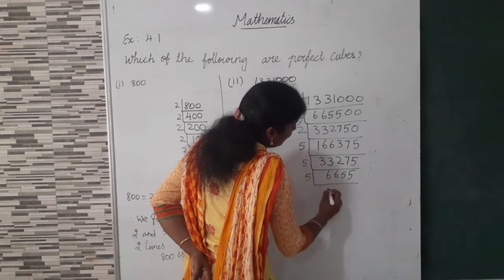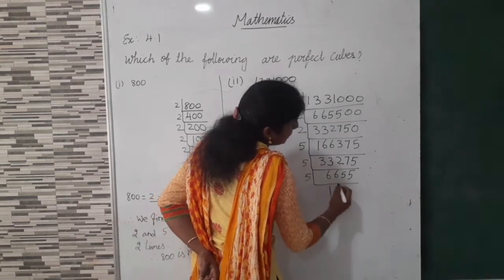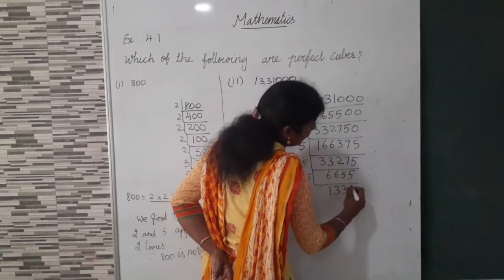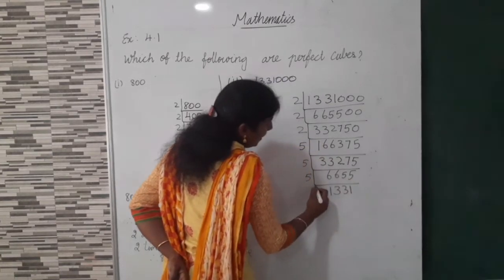Then 1 5 is 5. 3 5s are 15, one balance. 1 5 is 5.